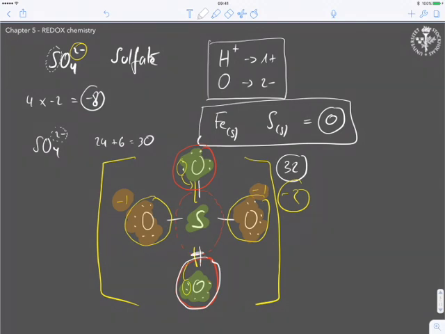That means you will have -2 for the sulfur. Those 2 electrons here will be grabbed by the oxygen. That means we'll have another -2 here. In this case, the sulfur will lose 4 electrons already. So in terms of charge, it will be +4.